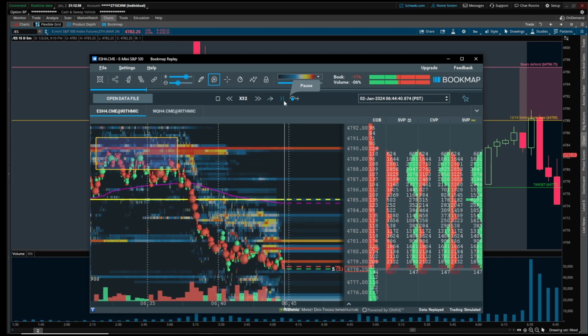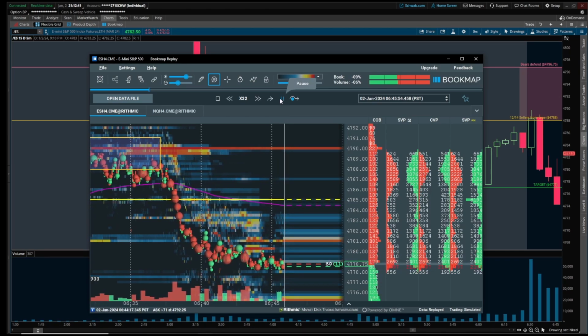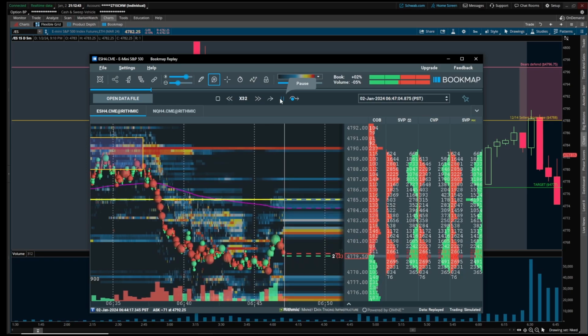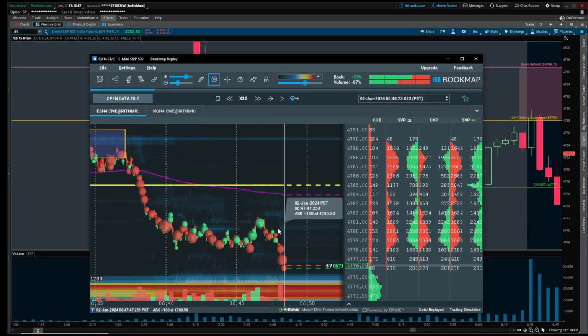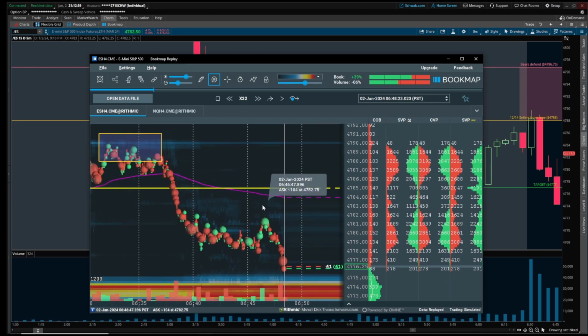You can see here at 6:45 is when my target ends up triggering, and I get paid very nicely for simply following my plan, because at the end of the day, that's all that matters. Whenever I get into any position, I stay in that trade to my planned stop loss or my planned target. That's it. And that's how I manage my risk properly.